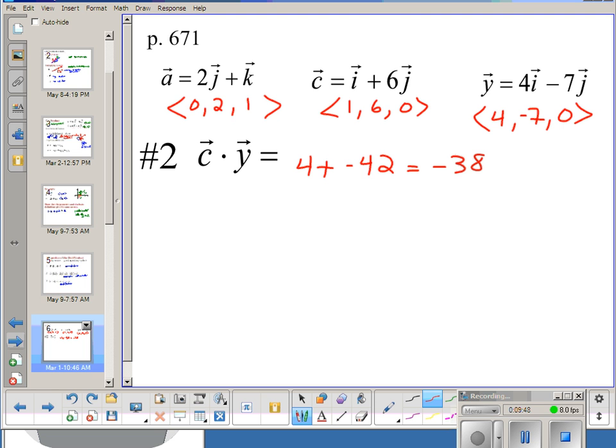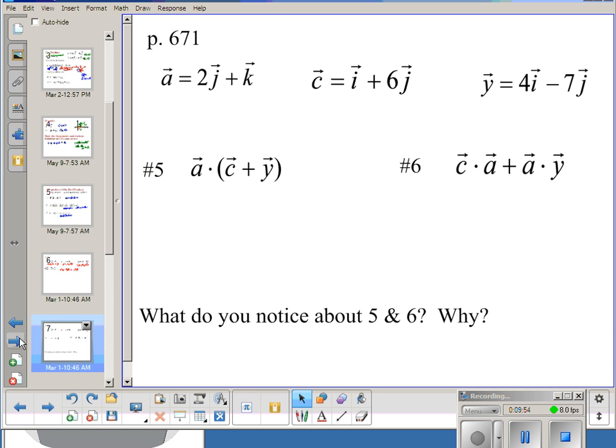Now if I want, I can use that to find the angle between my vectors. We'll talk about that in a minute. Here we're going to do a dot c plus y. So let's do c plus y first. C plus y, I have 1 plus 4i, so that's 5i. And then I have 6 minus 7j, so that's negative 1j.